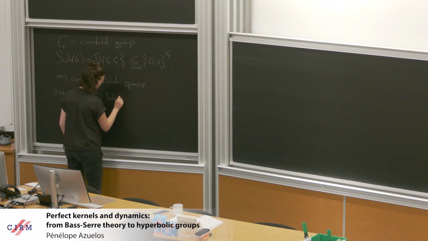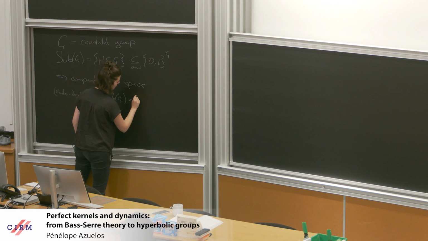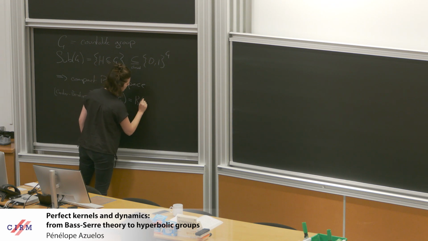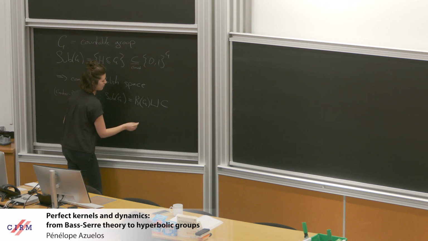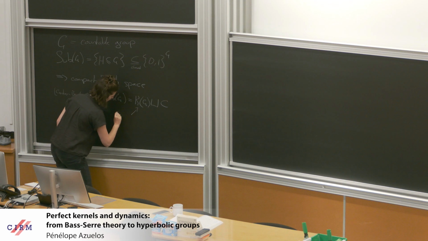So for Sub G, it decomposes as a perfect space K of G, which we call the perfect kernel, and a countable set C. So perfect just means it's closed and it has no isolated points.